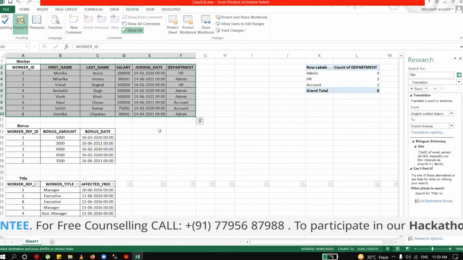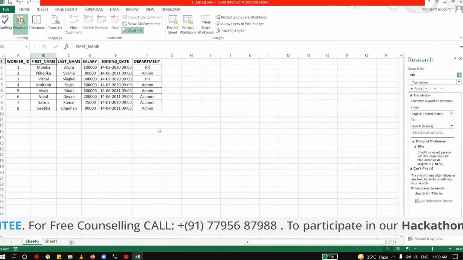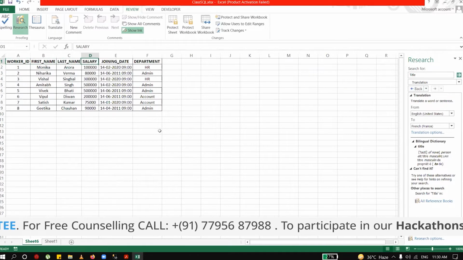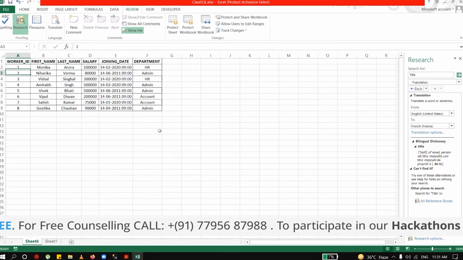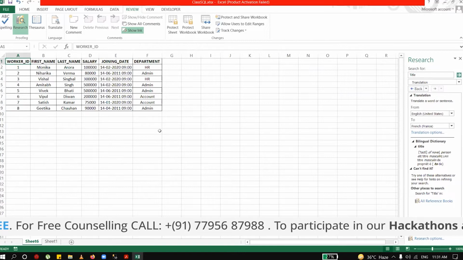Suppose I take this table and I would like to get even number of rows. Even, as you can see, is already described in the worker ID, but I don't want to take reference from here. The table can be jumbled also.